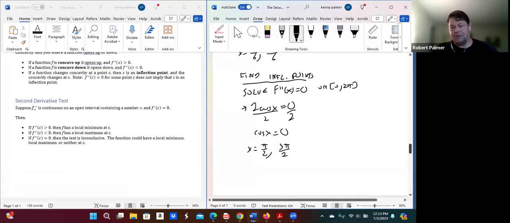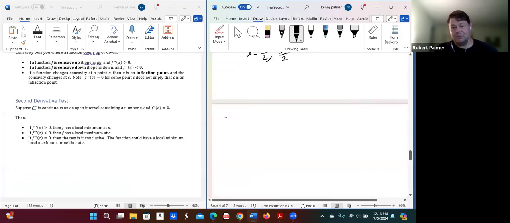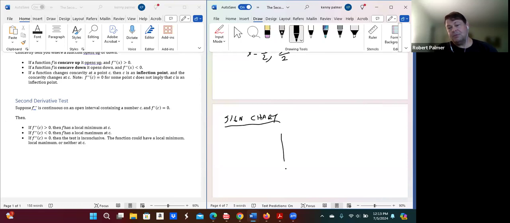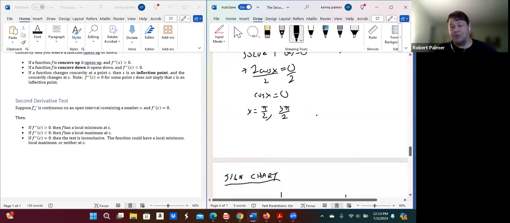Here, once again, let's do like a previous example, do a sign chart, because we need to evaluate our second derivative at our critical values. So we actually have two places, two critical values, or two inflection points. These are our inflection points.